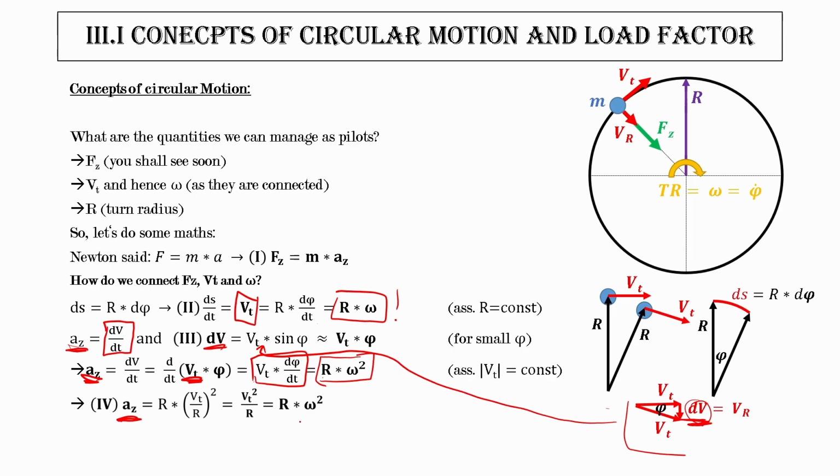If we just replace omega, because omega, now we look at this equation, is Vt over r, okay, and we put this in here, so this is our omega squared, and then one of the r cancels out, this one here, and we end up with Vt squared over r.